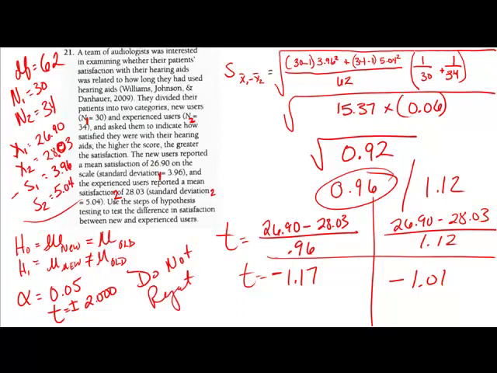What does that mean? The average level of satisfaction for hearing aids compared with our sample of 30 new users and 34 experienced users is not statistically significant at the 0.05 level, which indicates that patient satisfaction is not related to how long they've used their hearing aid. That's it. Moving on to the next one.